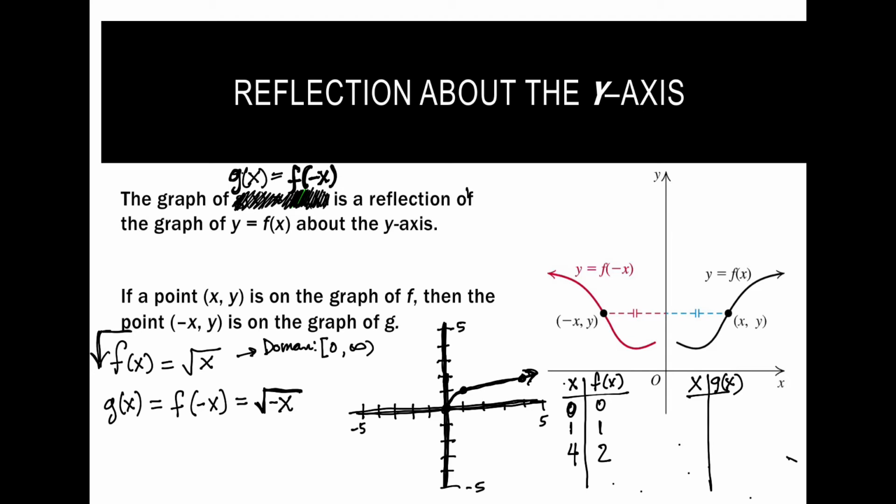All right. So with g of x, we're going to define g of x as being f of the opposite values of x. And that, if I put a negative in with the x, that gives me the square root of negative x. Now, I know we talked about how we can't have negative number outcomes underneath the radical.